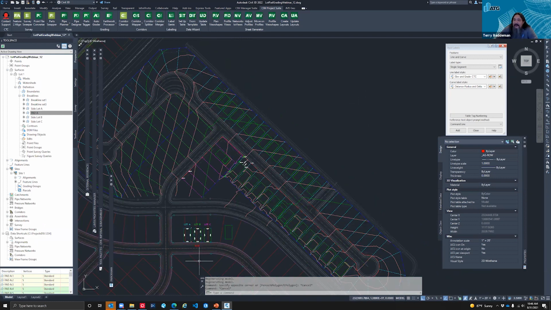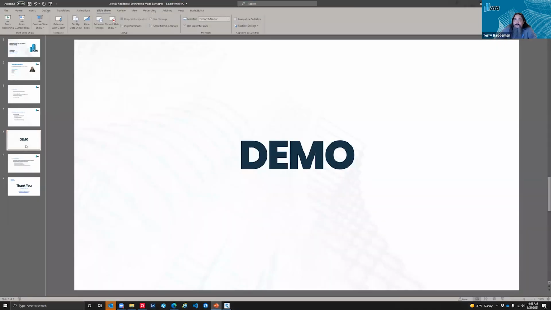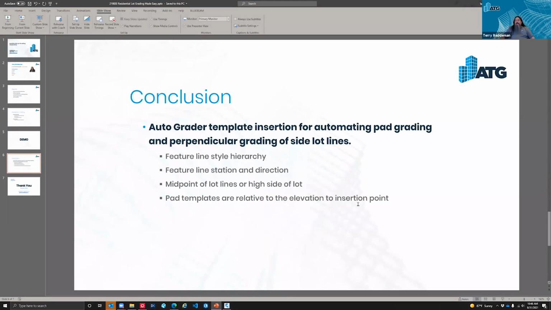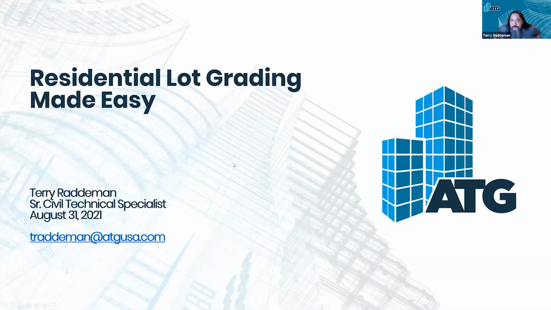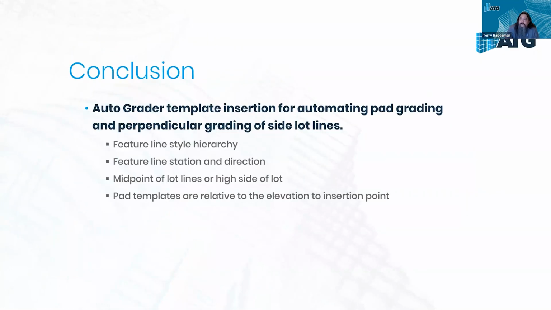Well, I am going to wrap this up. All right, so in conclusion, AutoGrader for residential lot grading offers perpendicular and template placement for the pads in an efficient way.